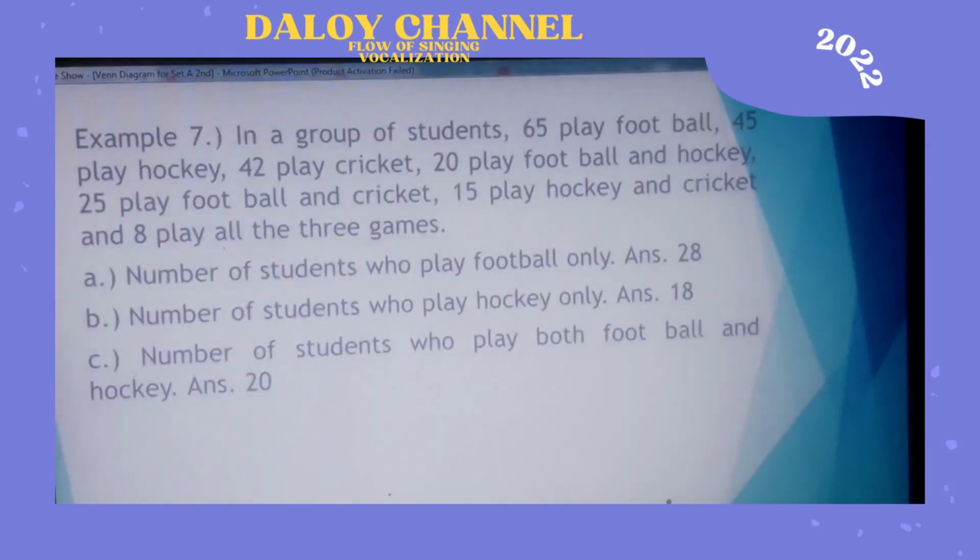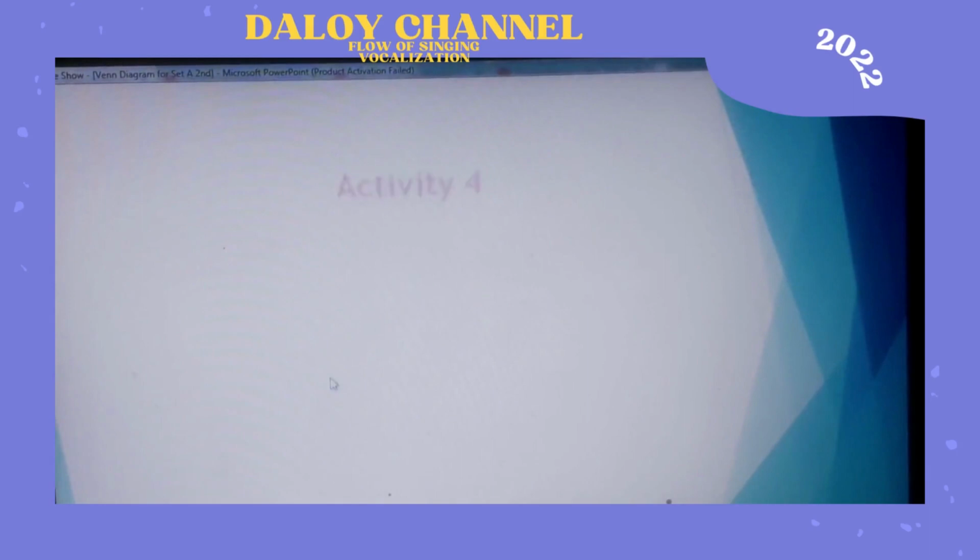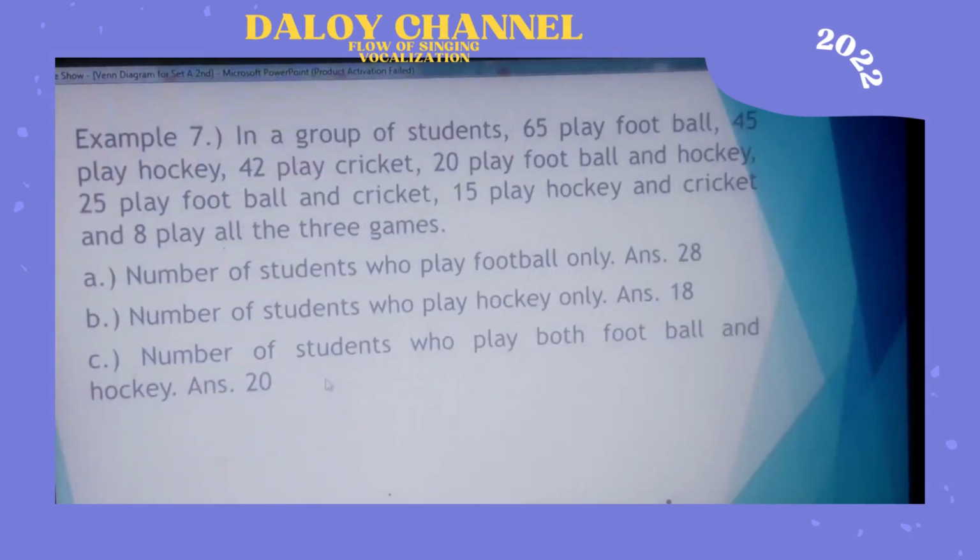So before obtaining the answers here, we should consider the illustration in the Venn diagram. So how do we get the number of students who play football only? The given: there are 65 who play football. Notice that 8 play all 3 games.